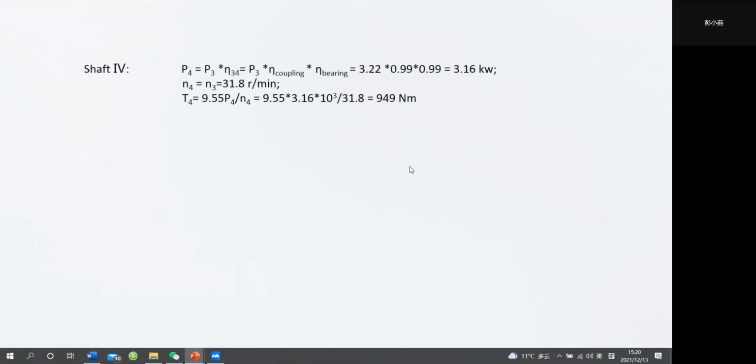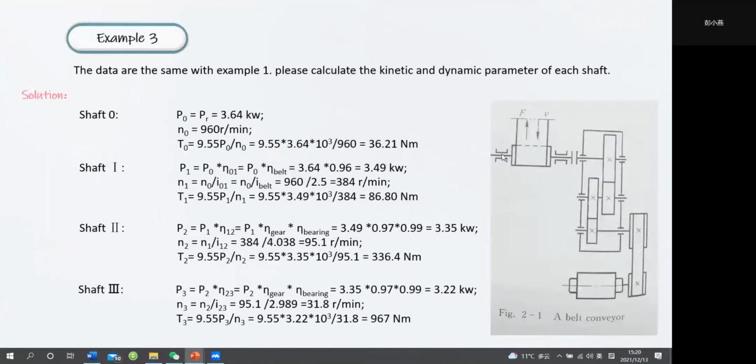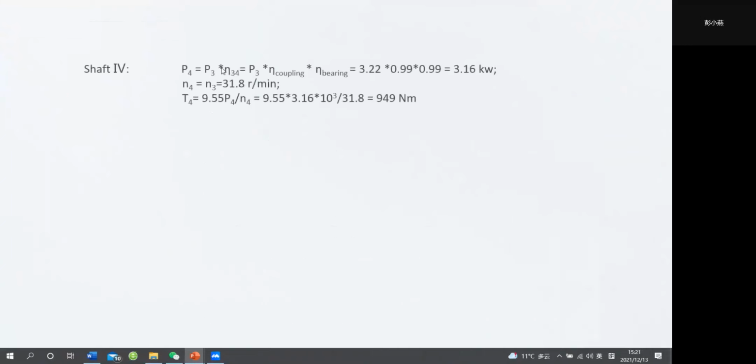And then for shaft 4, for the input power, we should consider the efficiency of bearing and coupling. So P4 is P3 times the efficiency of coupling and times the efficiency of bearing, and N4 is equal to N3.